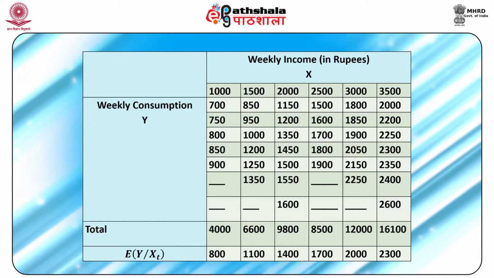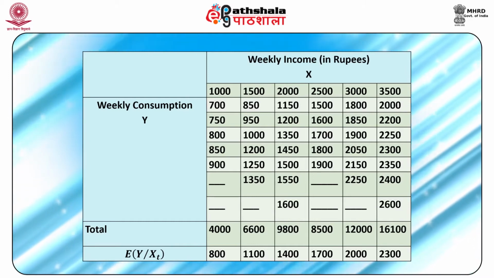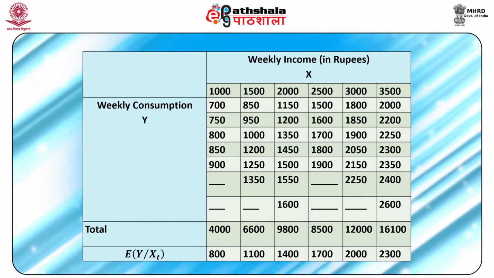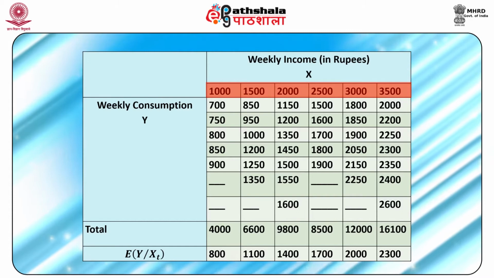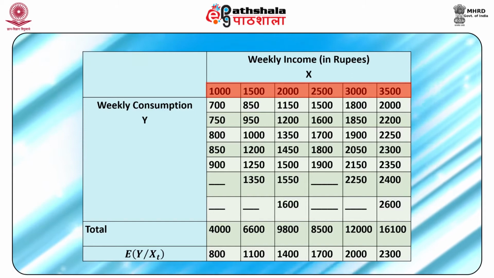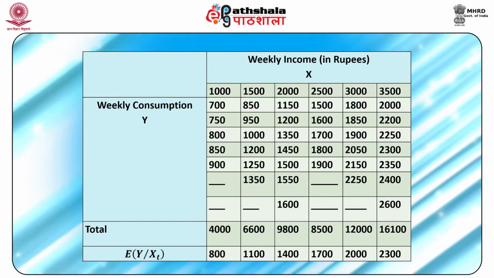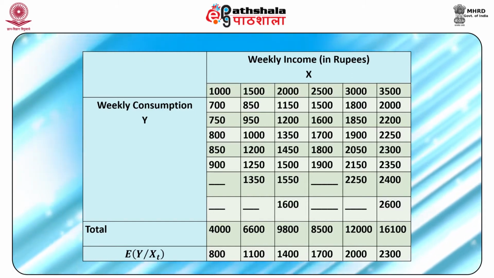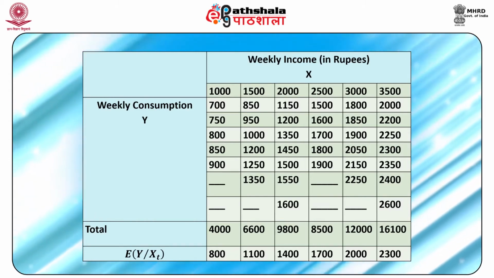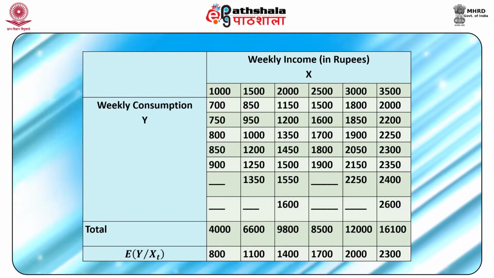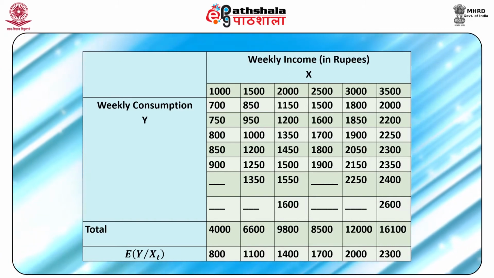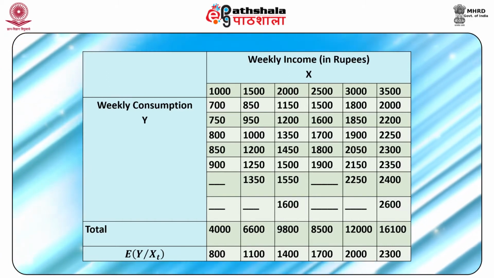I am sure you can notice that we have in the columns the income and the consumption, and this X value is given as 1000, 1500, 2000, 2500, 3000, 3500, which are the weekly income of the households, and their corresponding consumptions are given in the cell values within each column, which are known as weekly consumption, which is our dependent variable or the variable in which we are interested.